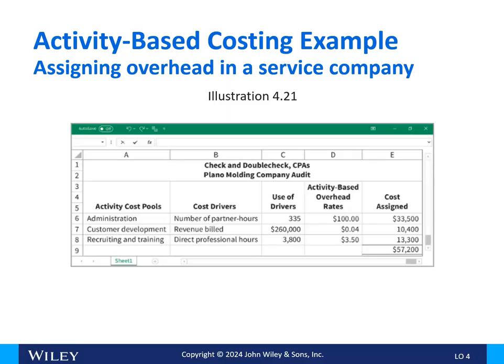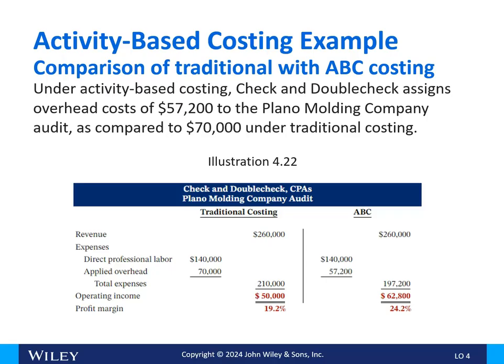We have $10,400 for customer development, and 3,800 direct professional hours on the job at $3.50 per hour. So for recruiting and training, $13,300 of overhead there. So $57,200 of overhead.